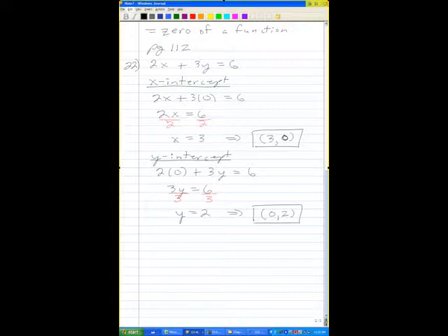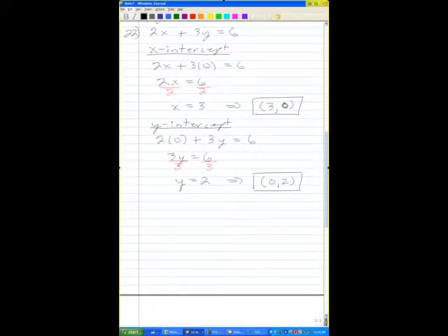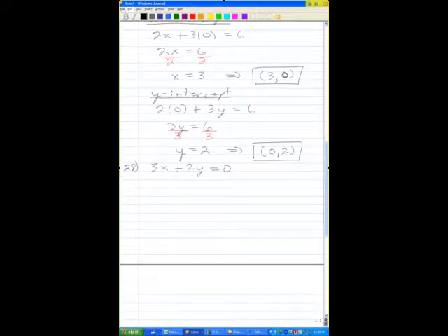Let me do problem number 28: 3x plus 2y equals 0. Let's first find the x-intercept.